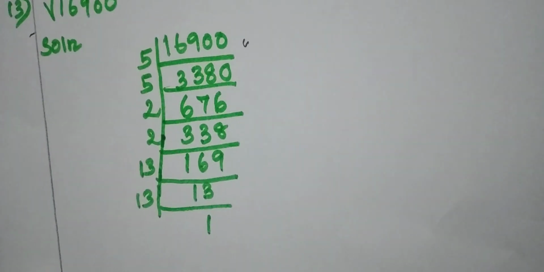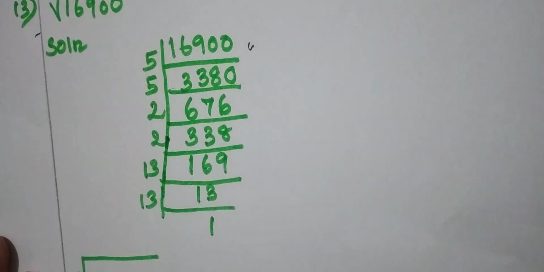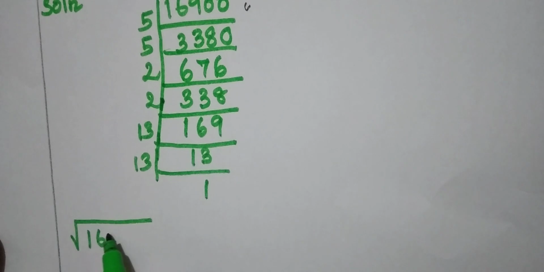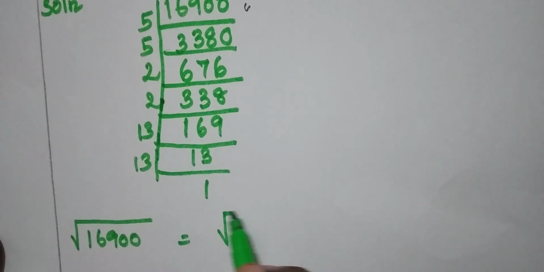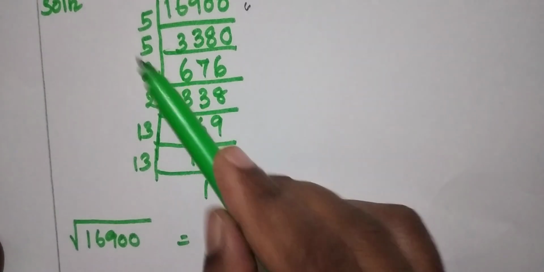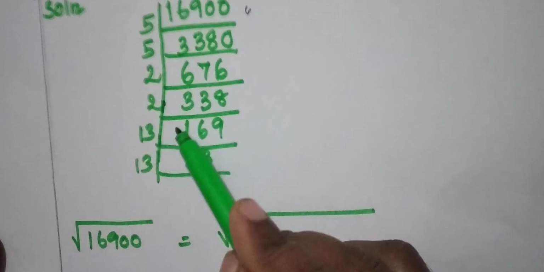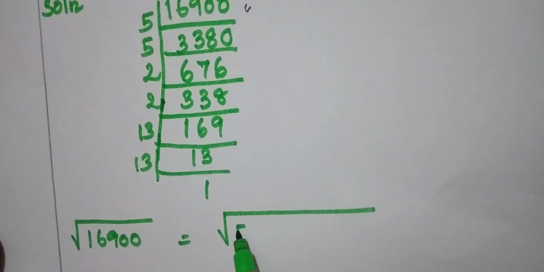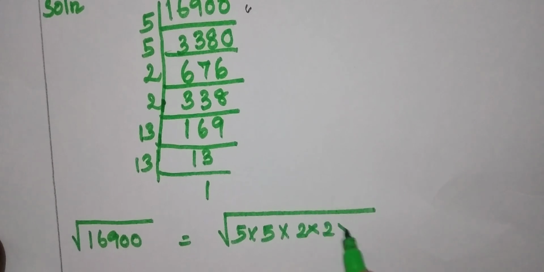Is it clear, children? So you can write this number as root 16900, which is equal to, inside the root you have to write 2 times of 5, 2 times of 2 and 2 times of 13.